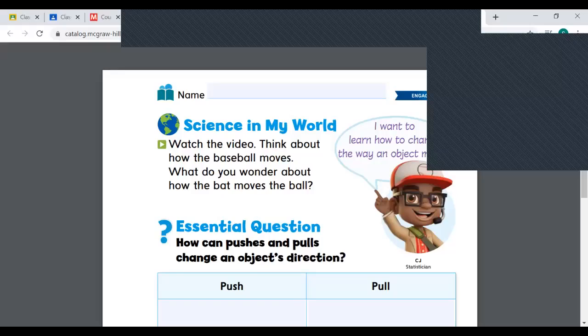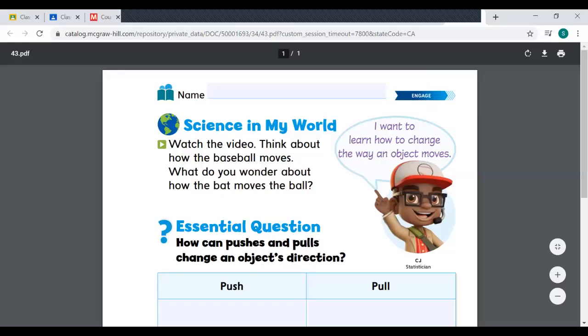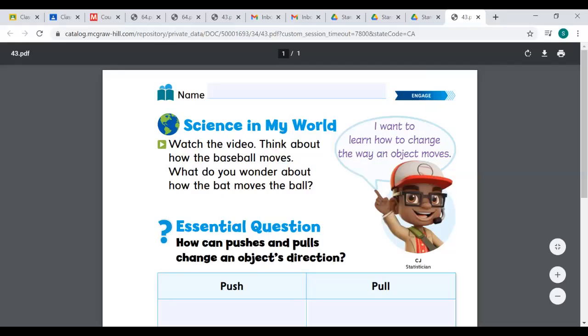Let's turn to page 27 of our Be a Scientist notebook. And this right here is CJ, and he wants to be a statistician when he grows up. A statistician is interested in collecting data and analyzing it to answer questions.